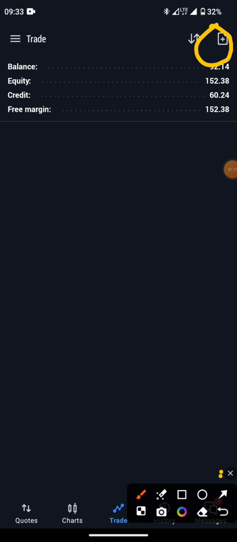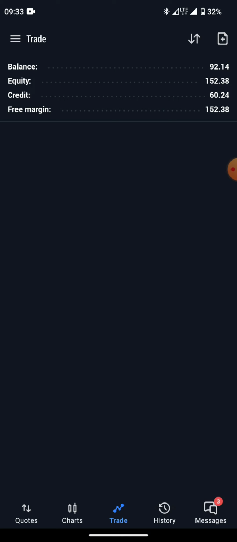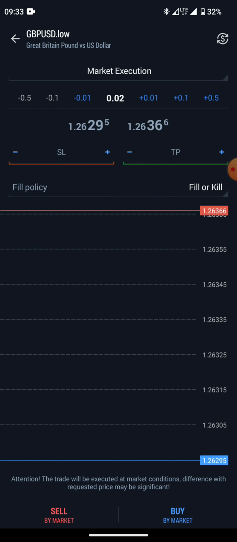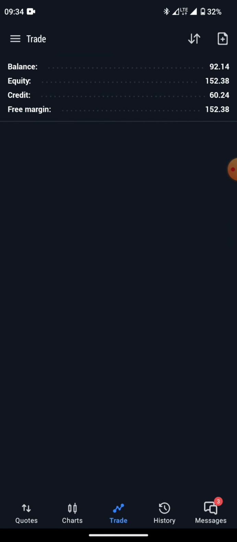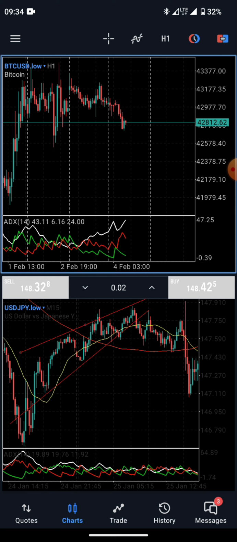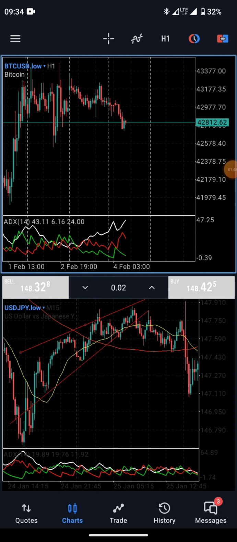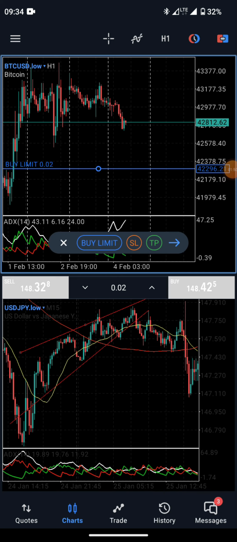All right, and you go there and you go to your pending orders, and this is where you'll be able to select whatever kind of order you want to place. But they've done an upgrade last year and they have provided us with this icon, right? So all you have to do is tap on that icon and you see your lines indicating where your orders are going to be placed.